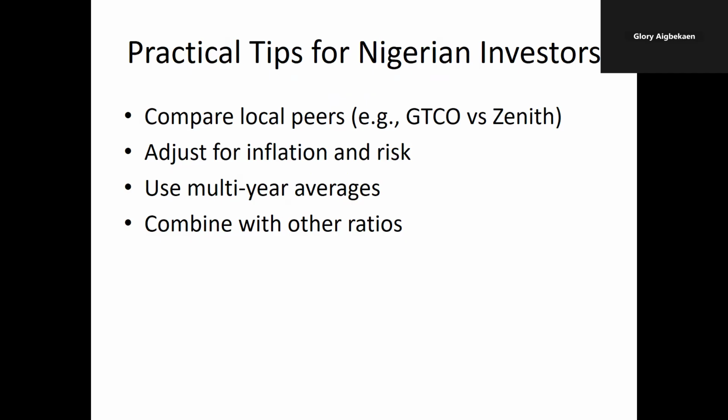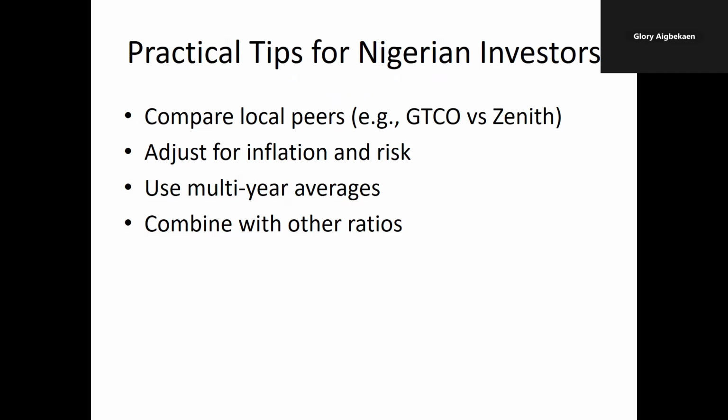Then it's also good that when you have determined the fair value using the PE ratio, you compare that fair value with other ratios. We have ratios like price to book, price to sales, price to cash flow, then the DCF model. These are other models you can also use to determine the fair value of a stock.